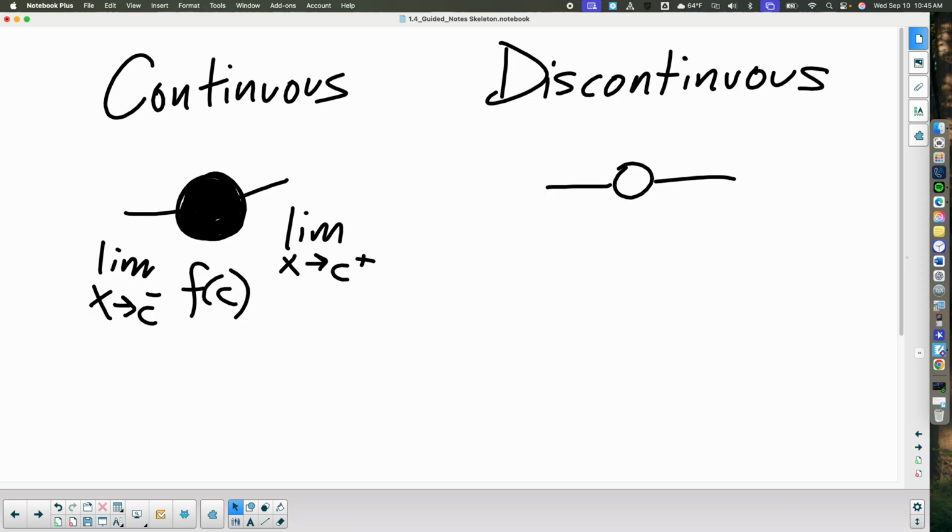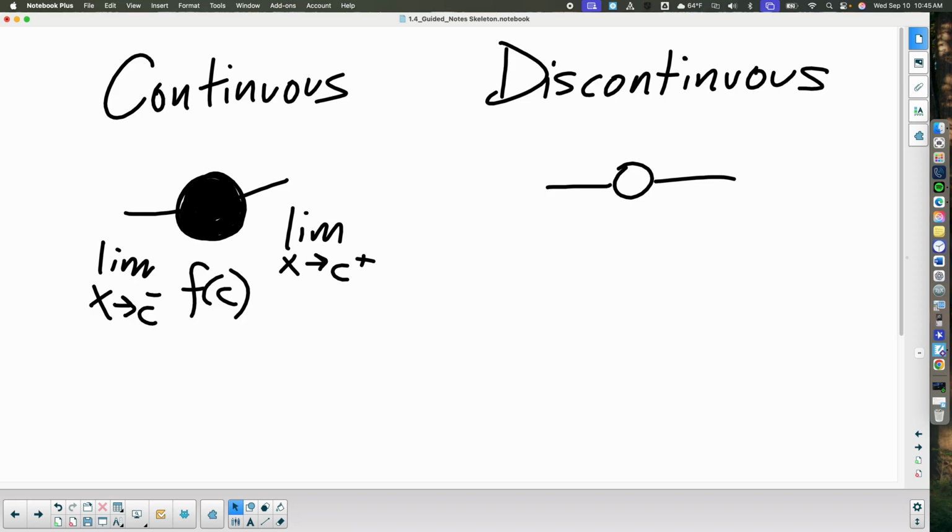This is kind of our goal for most of these: we're going to take discontinuous locations and manipulate them to make them look like a continuous function to be able to just find answers. Our goal is going to be able to take an equation that we cannot plug a number into and change it around so that we can.